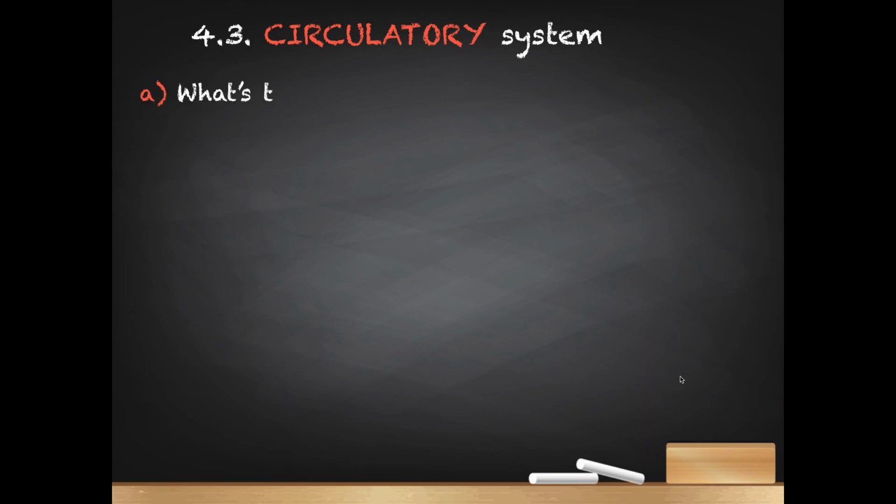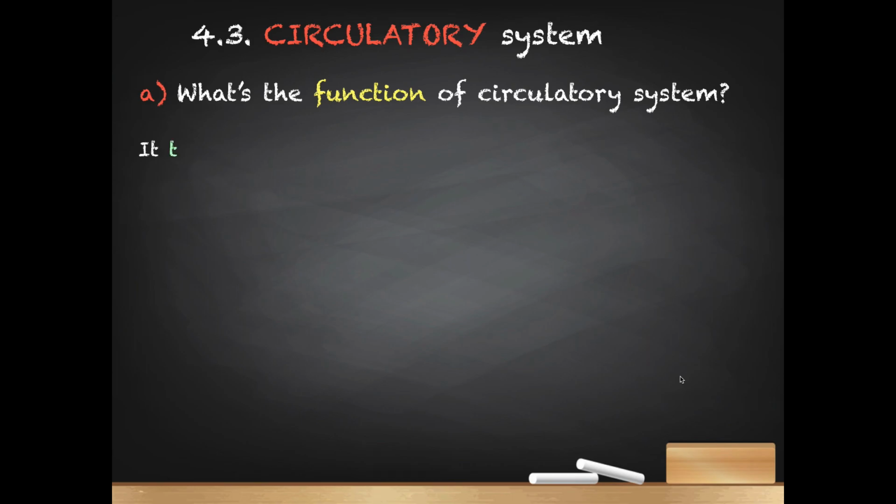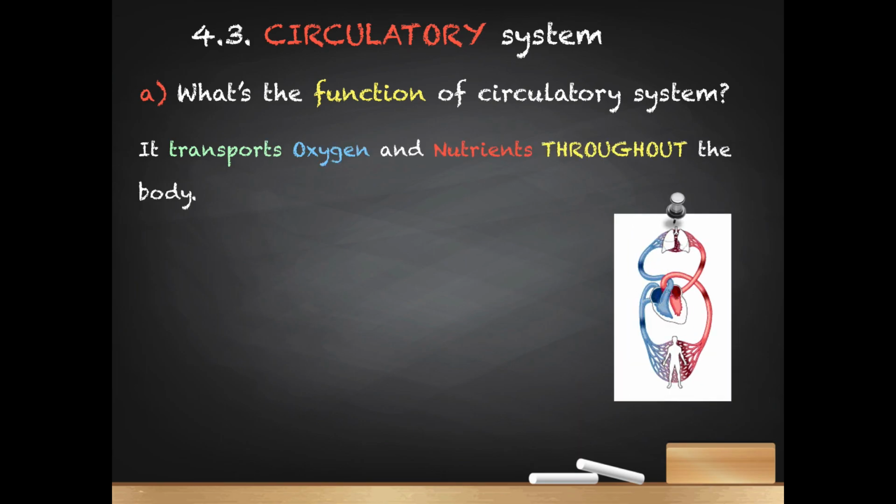Circulatory system. Okay, first of all, what is the function of this system? What is the function of the circulatory system? It's super easy. Everybody knows. It transports oxygen and nutrients throughout the body. Okay, this yellow word, throughout, is a super important word.